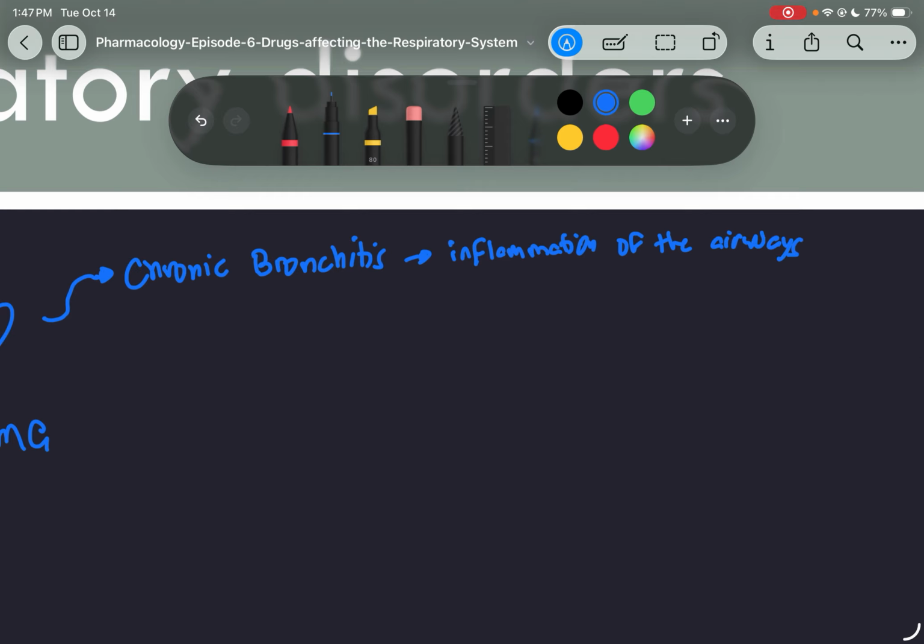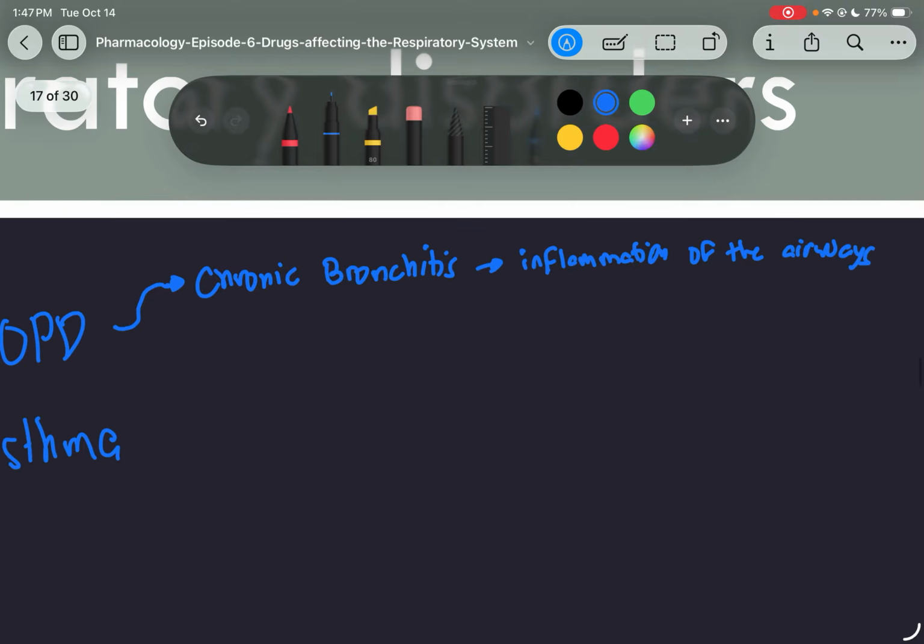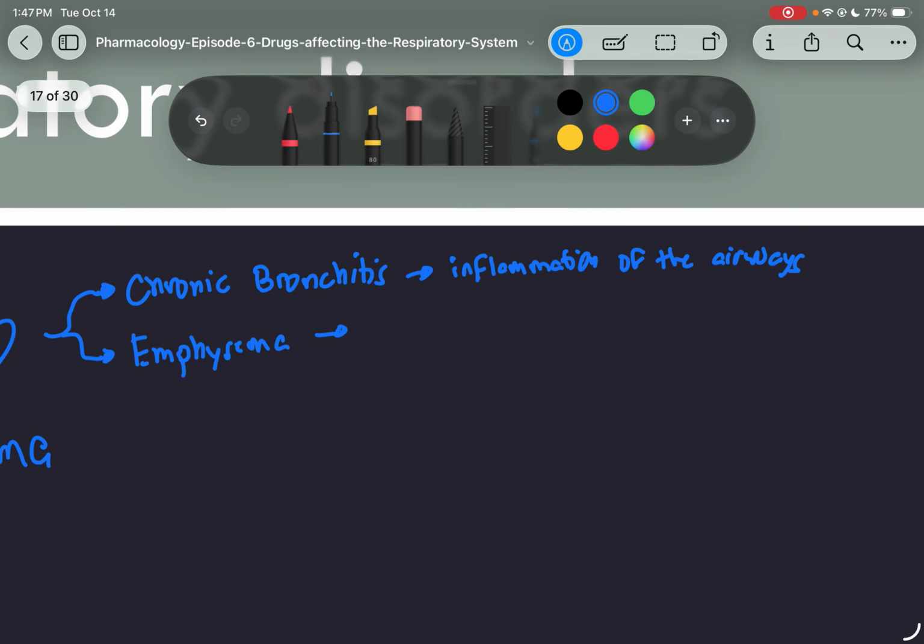Another is emphysema. You will learn about this class in your MS. I guarantee that. When we say emphysema, this is damaged alveolar sacs.